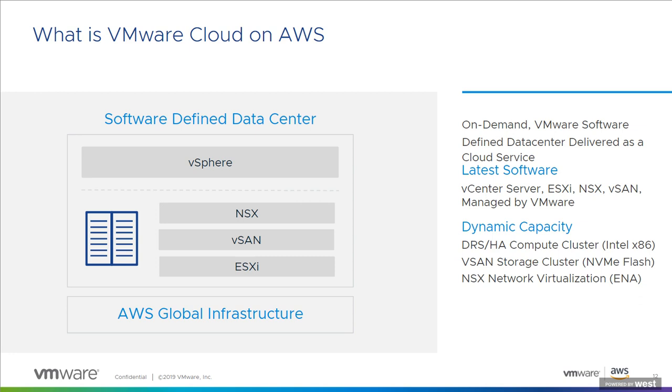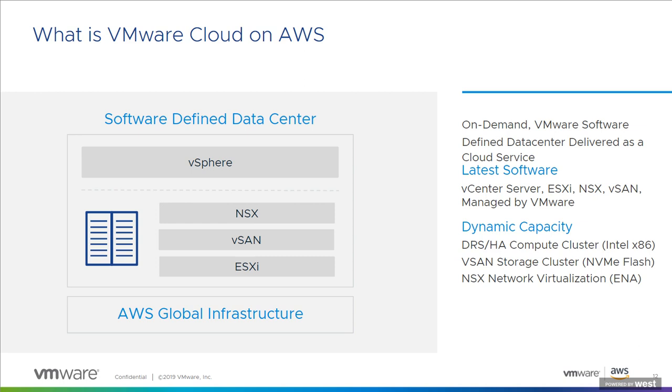So let's talk about what VMware Cloud on AWS actually is. Okay, so it's an on-demand VMware software-defined data center delivered as a cloud service. It includes the latest software, meaning the latest versions of vCenter, ESXi, NSX, and vSAN, which is all managed and supported by VMware.